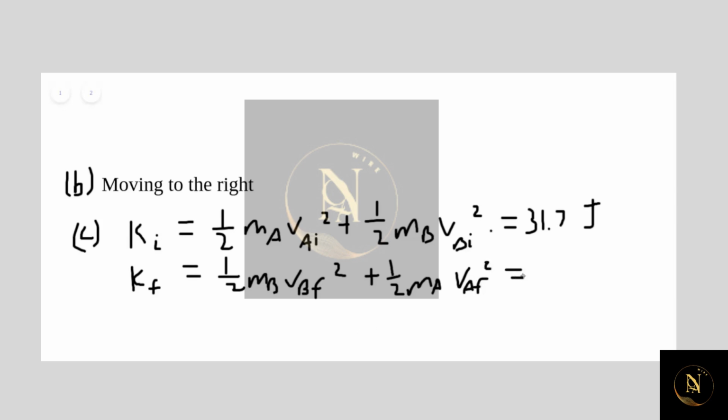Plug those values into the expression, and it's also equal to 31.7 joules. So since K initial equals K final, this is an elastic collision. We can box that in as our solution for C.